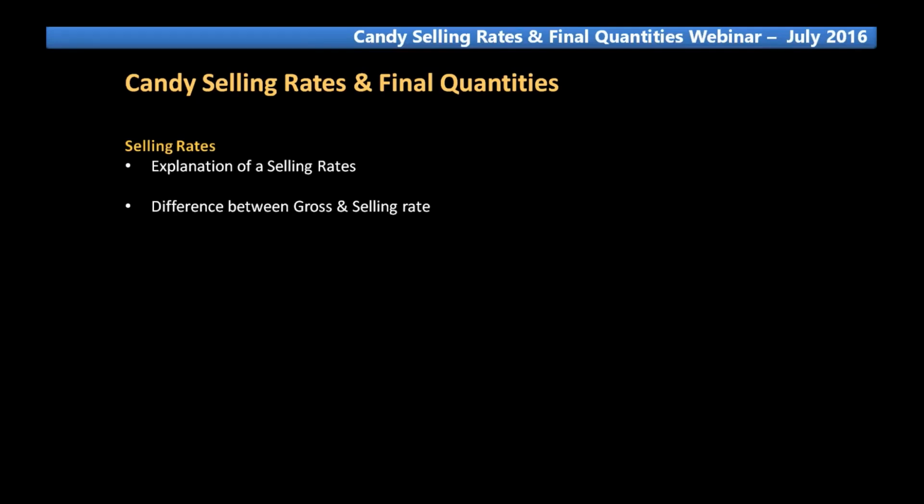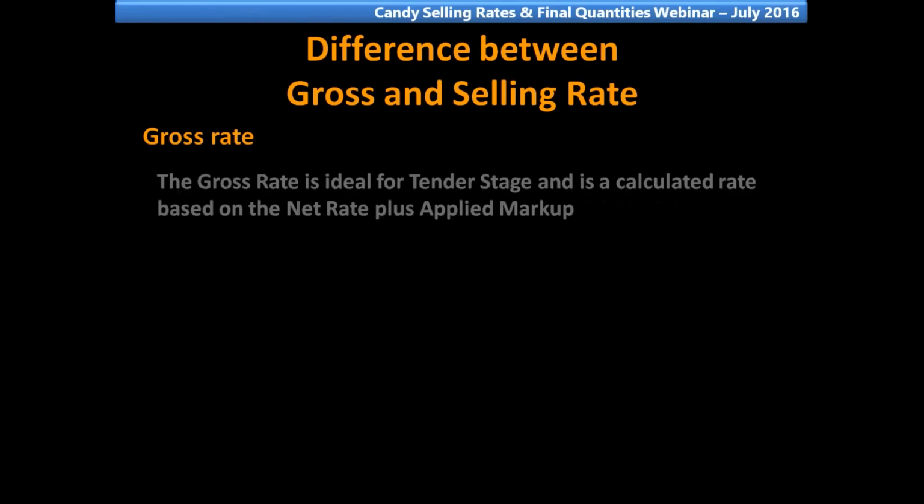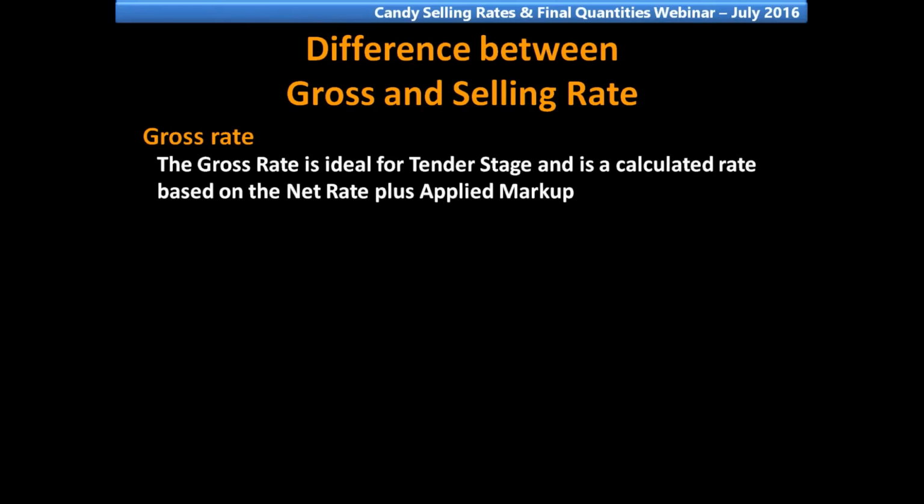The following topic: difference between gross and selling rate. I will use a PowerPoint slide and then practically do it in Candy. Gross rate. The gross rate is ideal for tender stage and is a calculated rate based on the net plus applied markup.